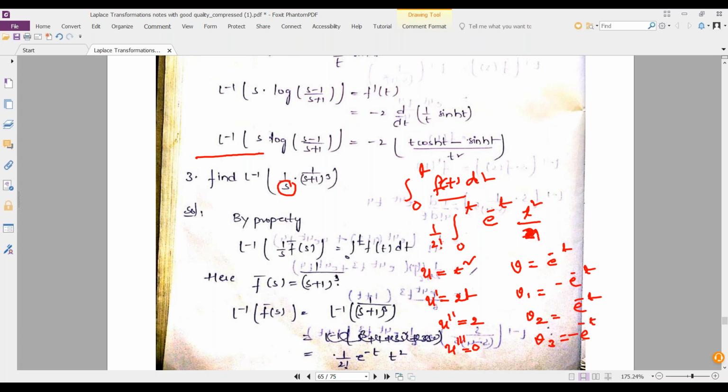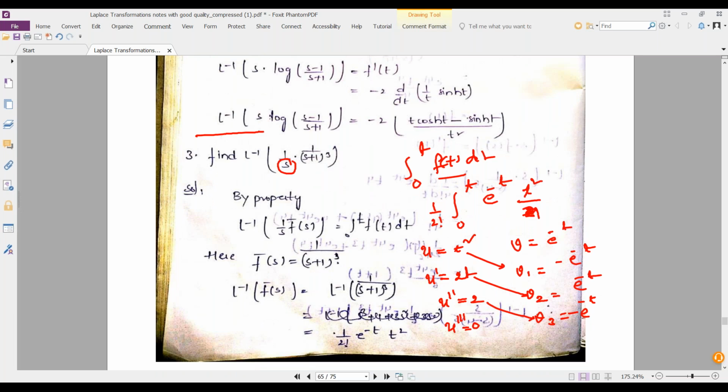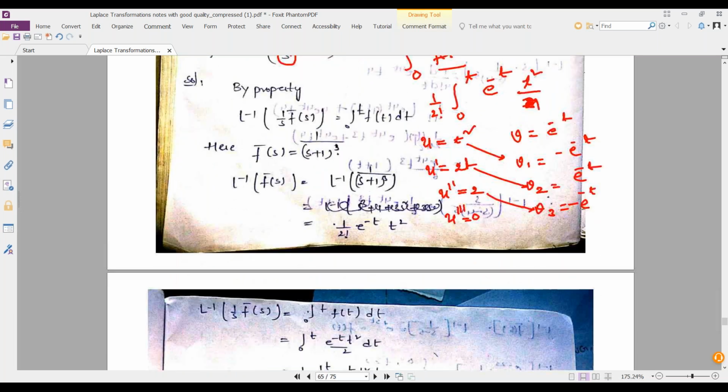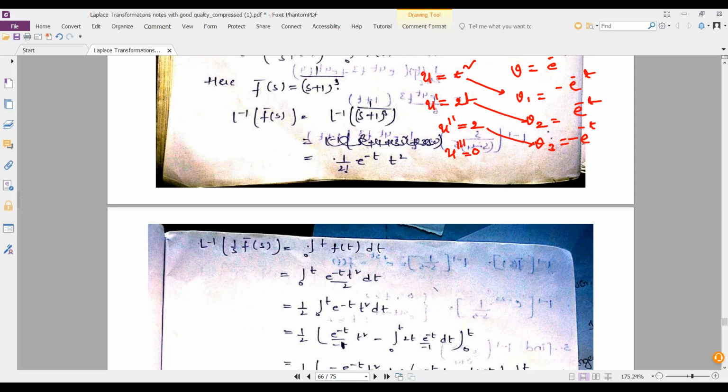So u v1, u dash v2, u double dash v3, and later substitute 0 to t as the limits. For the lower limits, up to these two terms will be cancelled because of 0 in something. So that's what we get here.